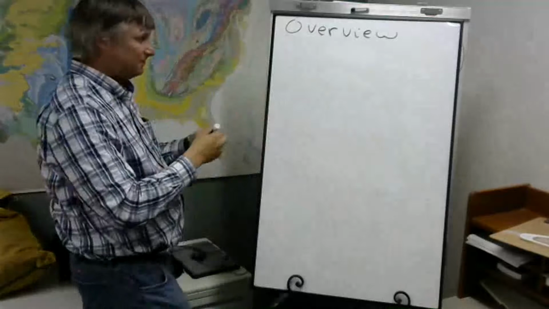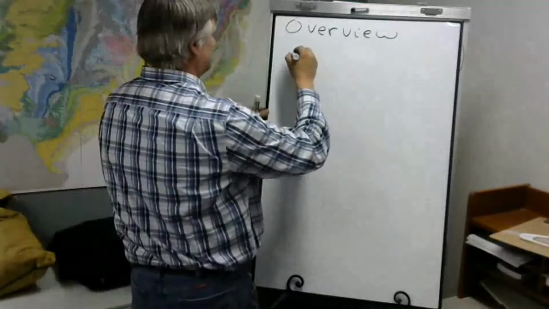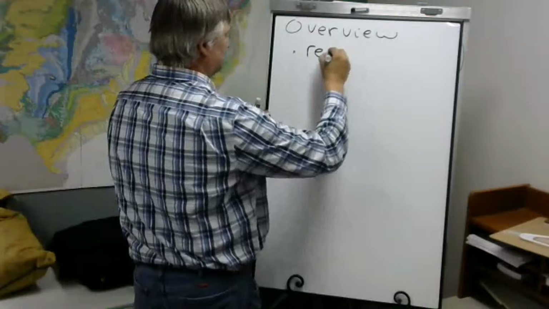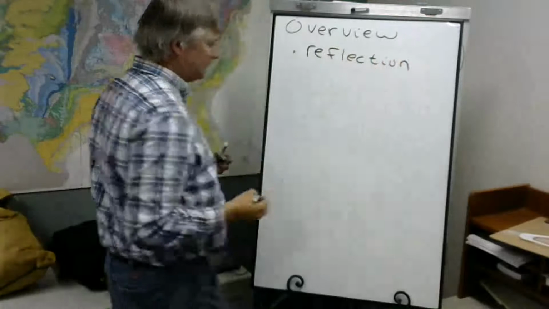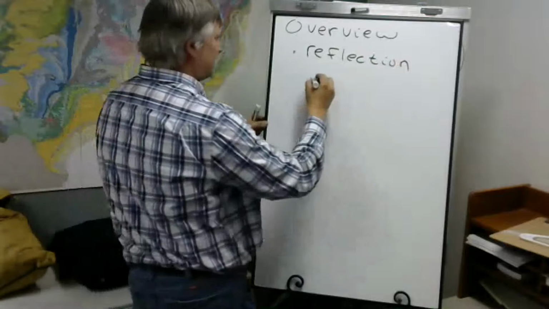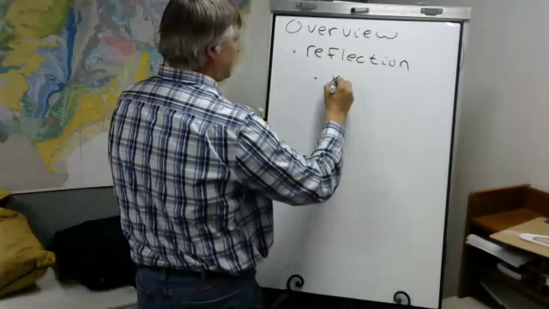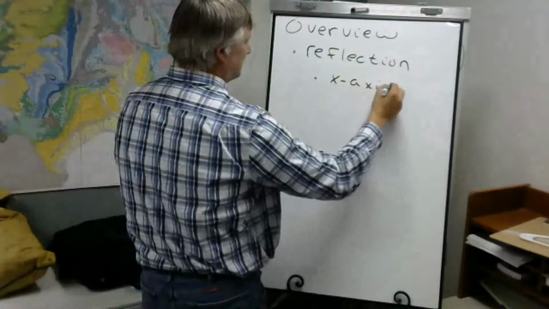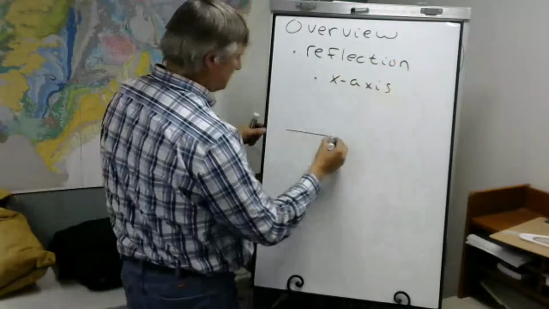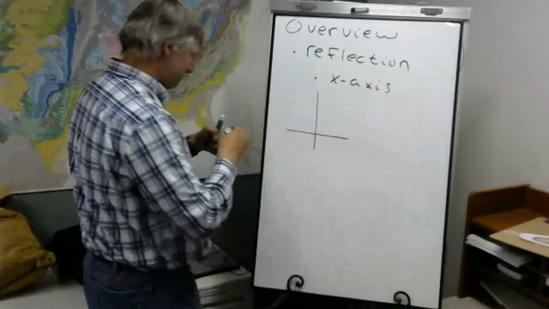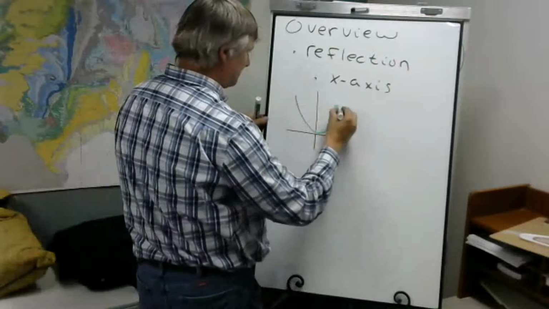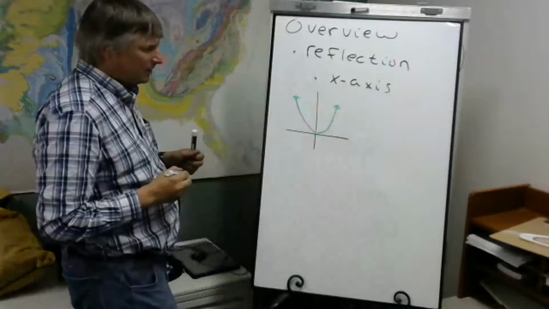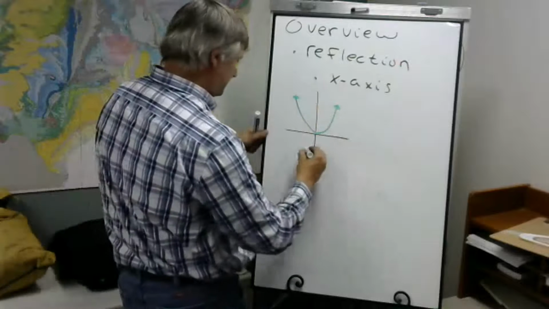Next are the reflections. So first one, x-axis. Let's say we have, again, our parabola, our f of x.